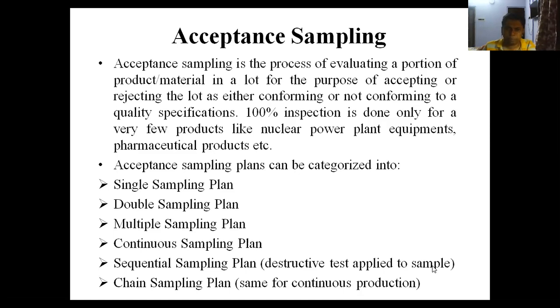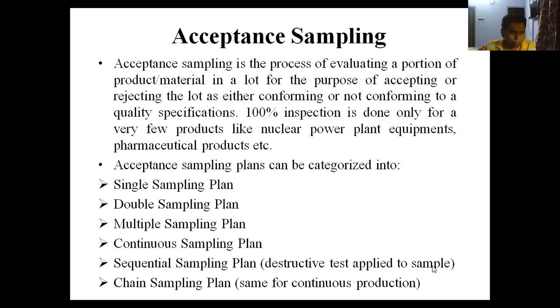It is a little bit complex, and if in future it is required, then a lot of articles are available, and you can go through the sequential sampling plan and chain sampling plan, and hopefully you will be able to understand the basic things.